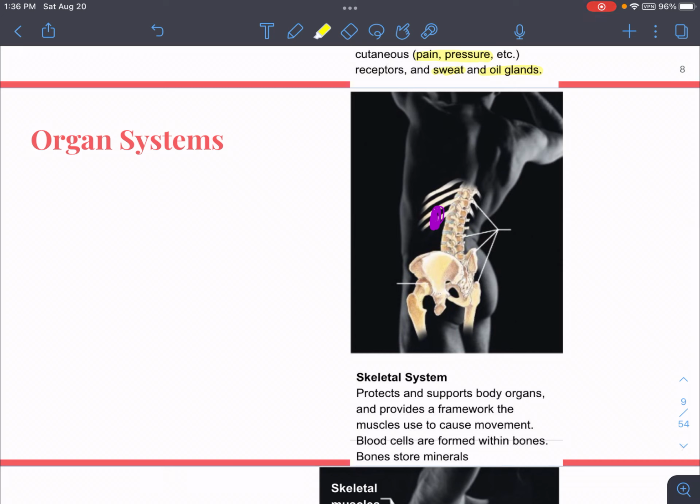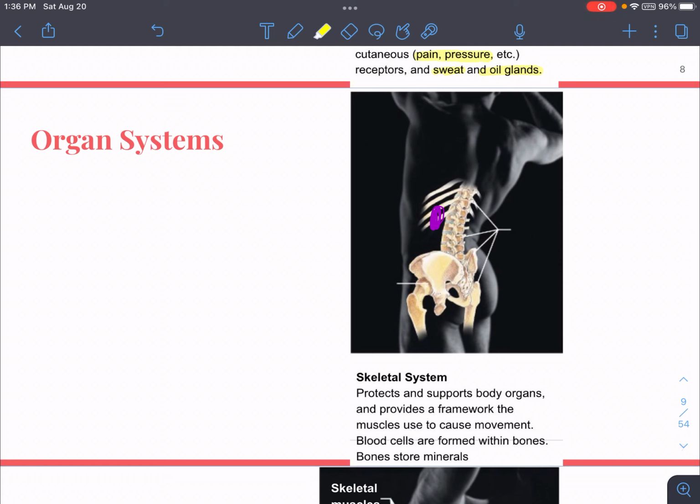And in your pelvis, you have your reproductive organs, your bladder, part of your colon, and your intestines are in your pelvis and your hips. Your bones also store minerals. They store calcium. A lot of calcium is stored in your bones.